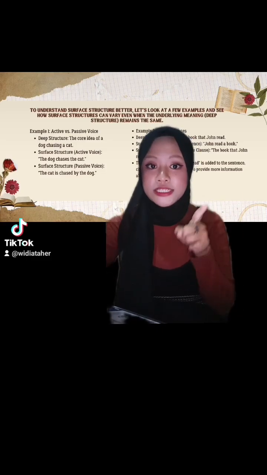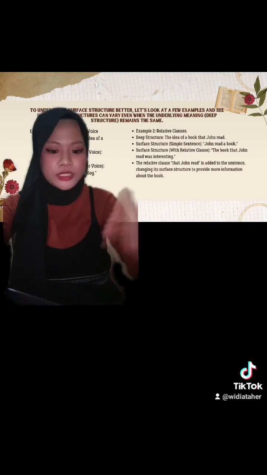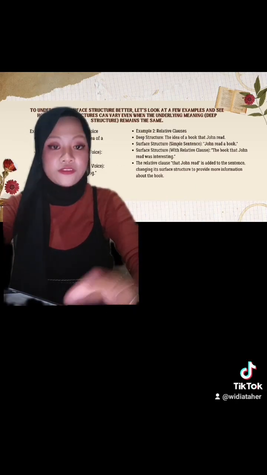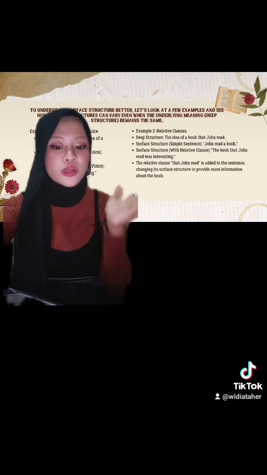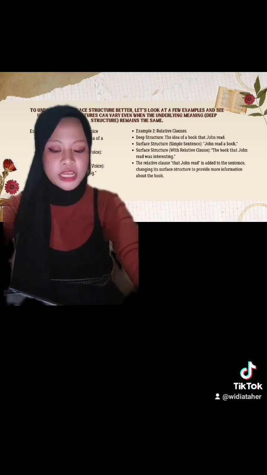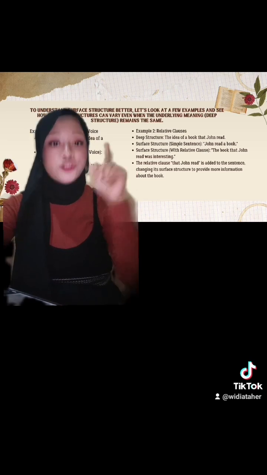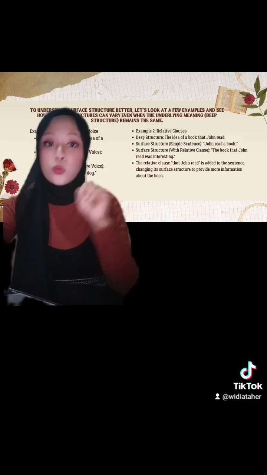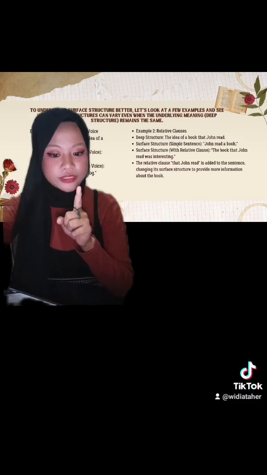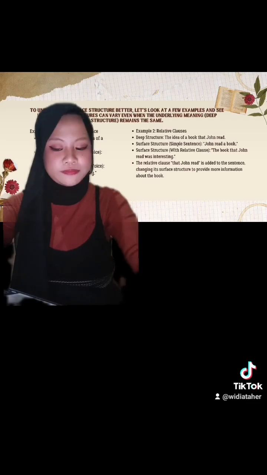So, let's see the second example. Example 2, relative clauses. Deep structure, the idea of a book that John read. Surface structure, in the simple sentence: John read a book. Surface structure with relative clause: the book that John read was interesting.